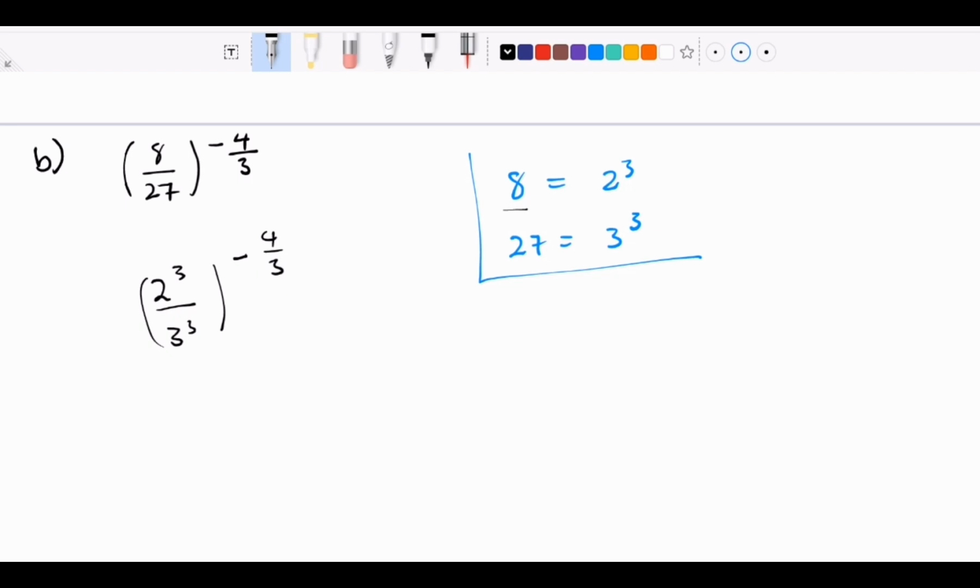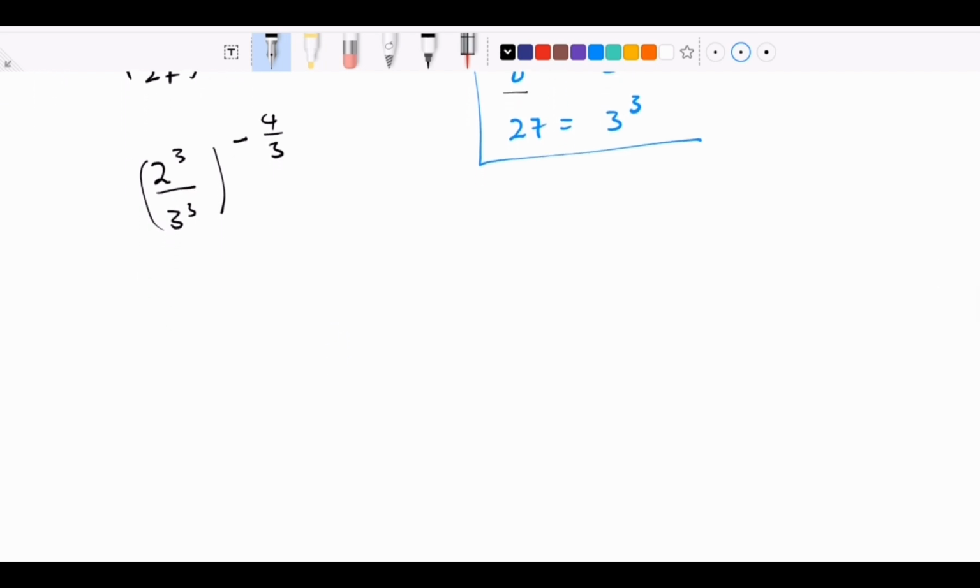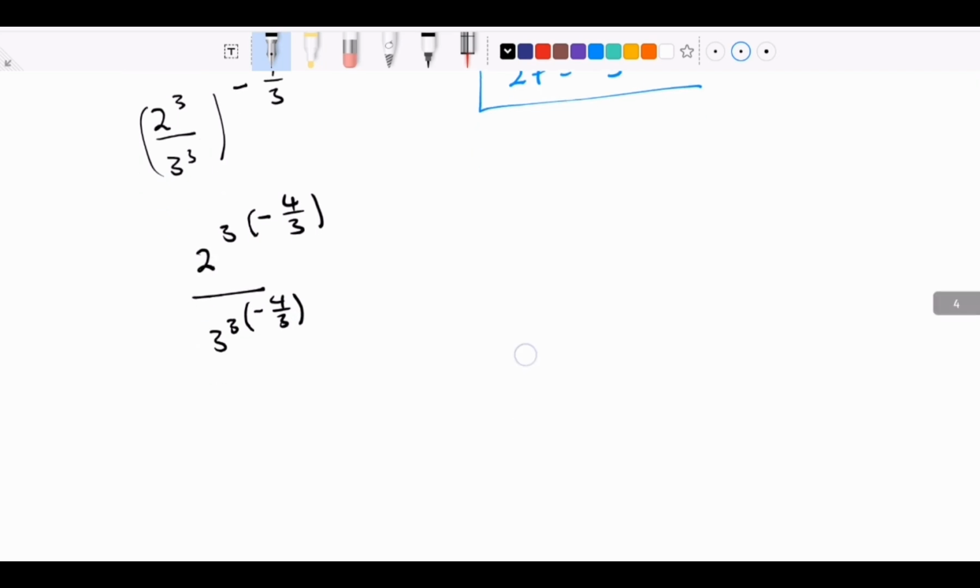After doing that, I need to distribute the outside exponent into the numerator and the denominator. So when I do that, this is what I get: 2 to the power 3 times the outside exponent, which is negative 4 over 3, all divided by 3 to the power of 3, also to the power of negative 4 over 3, as you can see.